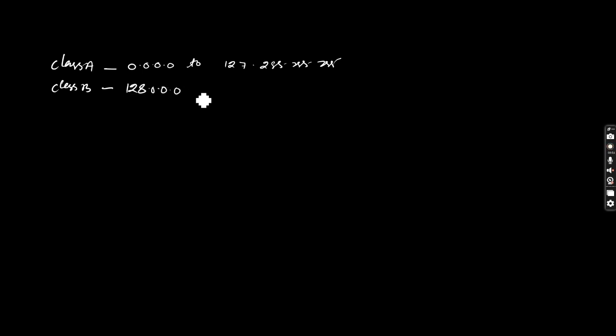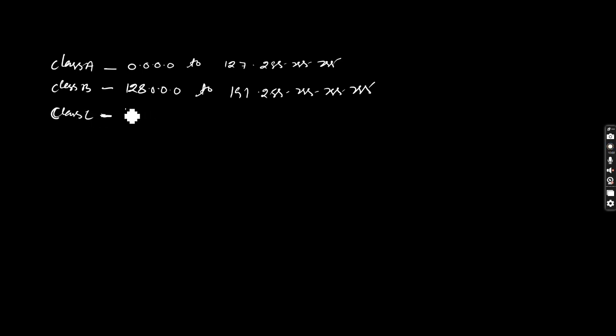So, IP address classes: we have class A starting from 0.0.0.0 to 127.255.255.255. Similarly, class B goes from 128.0.0.0 to 191.255.255.255.